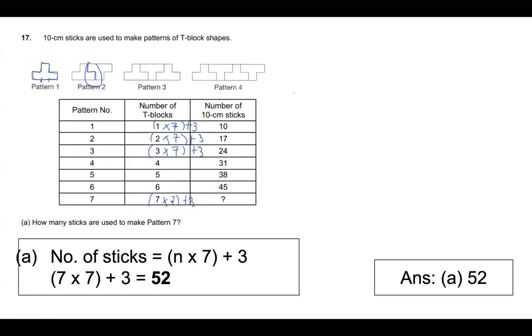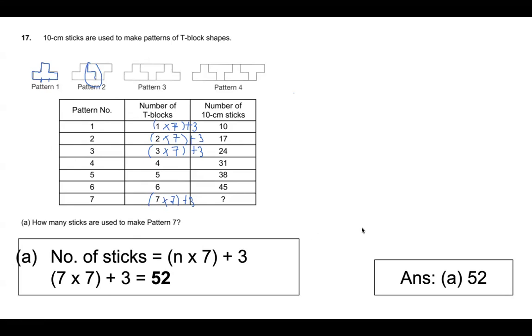So n times 7, n being the number of blocks. Regardless, if let's say you are finding pattern number 10, then n will be 10. Okay, so 7 times 7 plus 3, therefore your answer is 52.